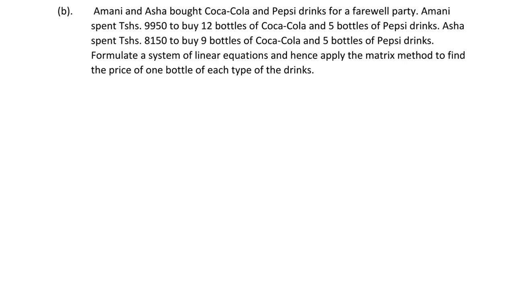Okay, so first let us start by assuming the variables. First, we are going to let X be the price of one bottle of Coca-Cola and Y be the price of one bottle of Pepsi. Okay, so now let us formulate the equations using the variables X and Y. Then the equation for the amount spent by Amani is going to be 12x plus 5y equals 9,950.